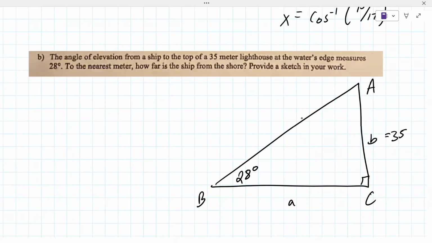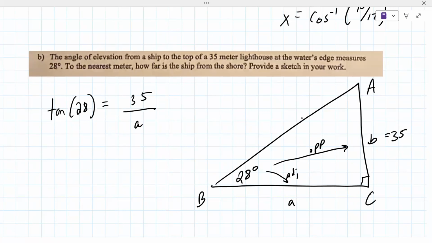Relative to 28 degrees, what is A and what is B? A would be the adjacent and B is the opposite, so I would be using tangent. Tangent of 28 equals 35 over A.